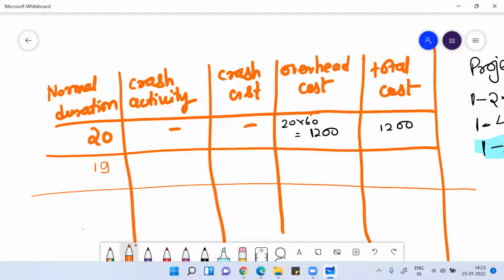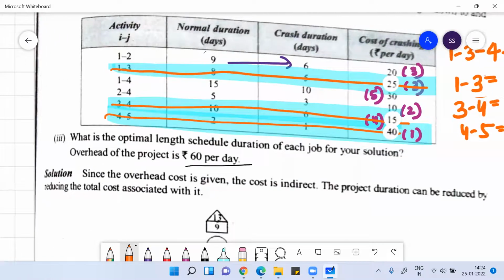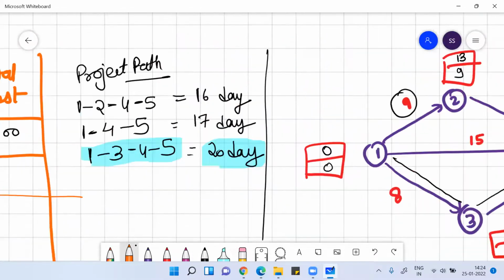How will I make it 19 days? By crashing the 3 to 4 activity by 1 day. If I crash the 3 to 4 activity by 1 day, the cost per day for 3 to 4 is 15 rupees. That I can do for 4 days.